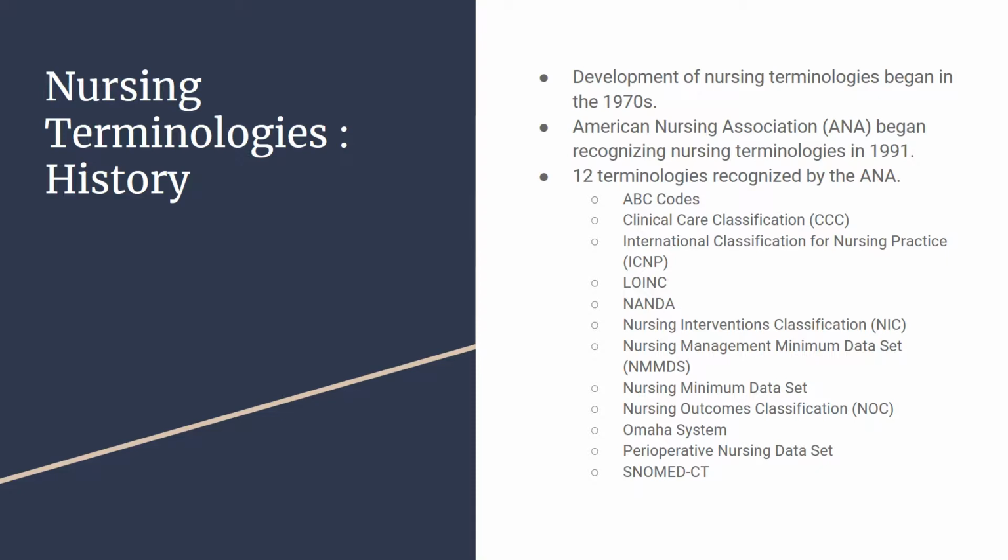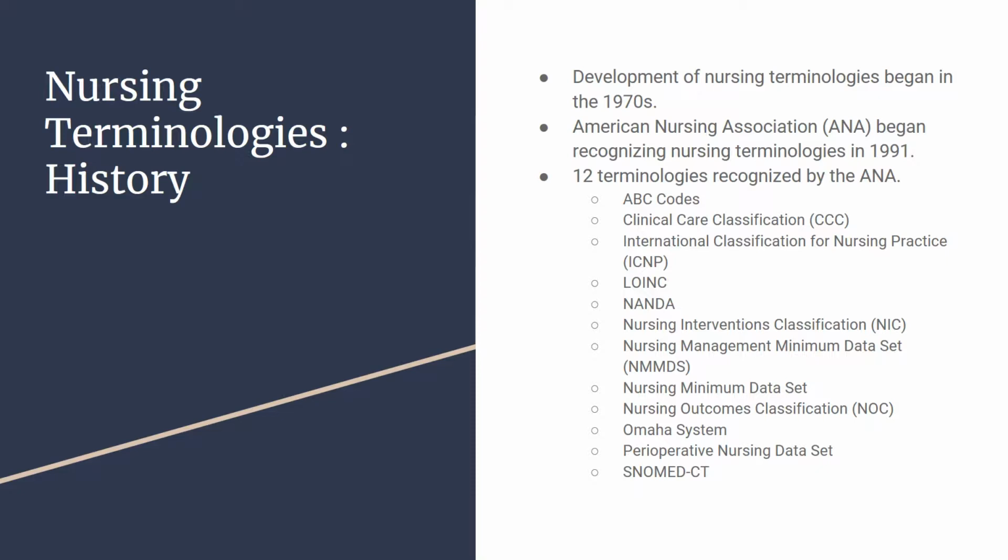The American Nursing Association started to evaluate and identify nursing languages in 1991. Today, the ANA recognizes 12 nursing terminologies as appropriate for clinical practice and are used in certified EHRs.